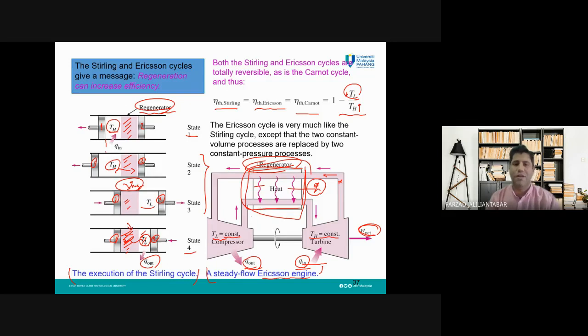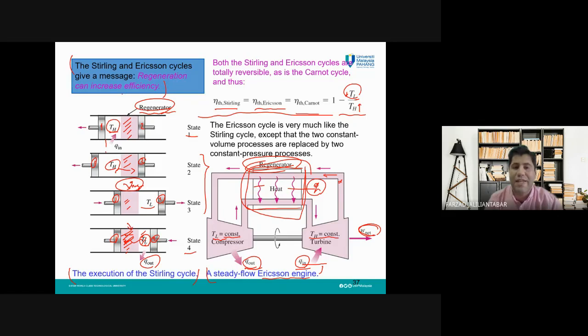Here for the Ericsson and Stirling cycles, what is important is this: the efficiency of these two cycles is identical to the efficiency of the Carnot cycle. And a very important conclusion of these two types of cycles: the Stirling and Ericsson cycles give a message.